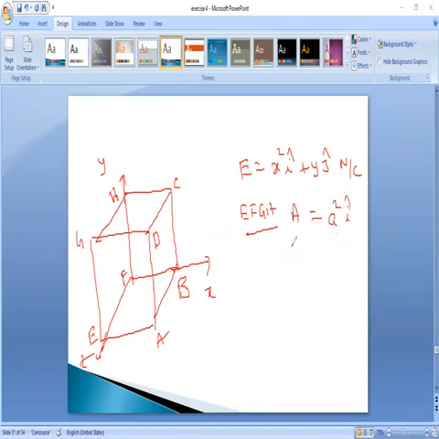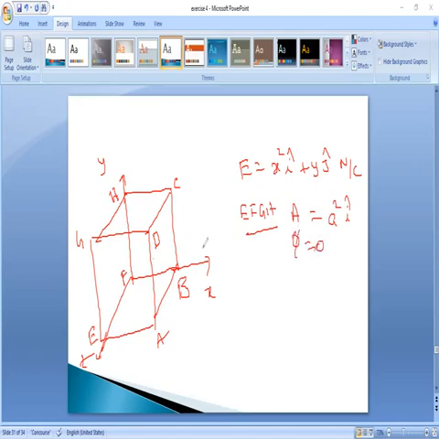If I take the dot product here, it will be x square into A square. But for this particular surface, the position of x is 0 only, right? So finally, flux will be 0.